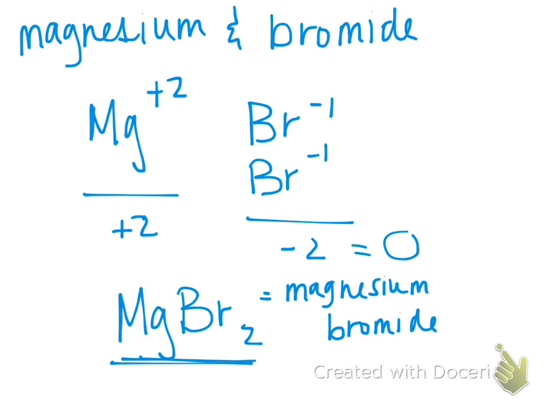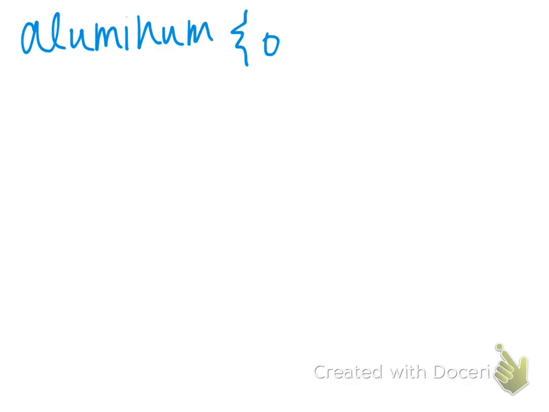Okay. Let's try now a combination of aluminum and oxide. The thing that you should know with ionic compounds, and you might want to write this down so you remember, is that we always put our compounds in the order on the periodic table from left to right.